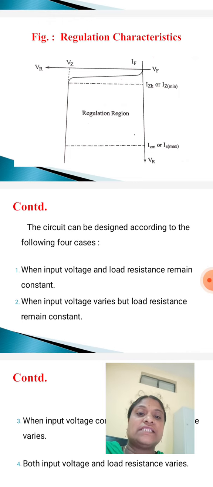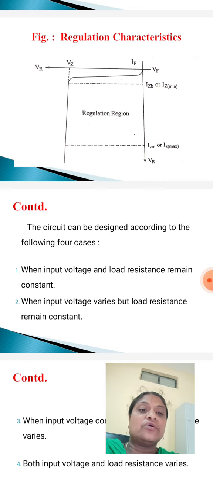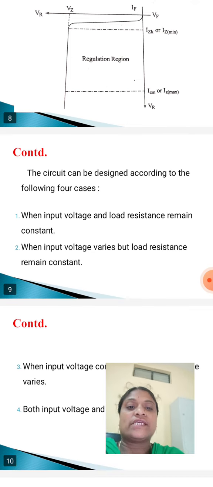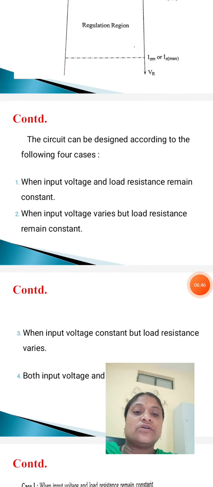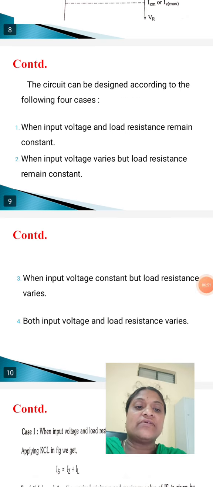The first case is when input voltage and load resistance remain constant. The second case is when input voltage varies but load resistance remains constant. The third case is when input voltage is constant but load resistance varies.